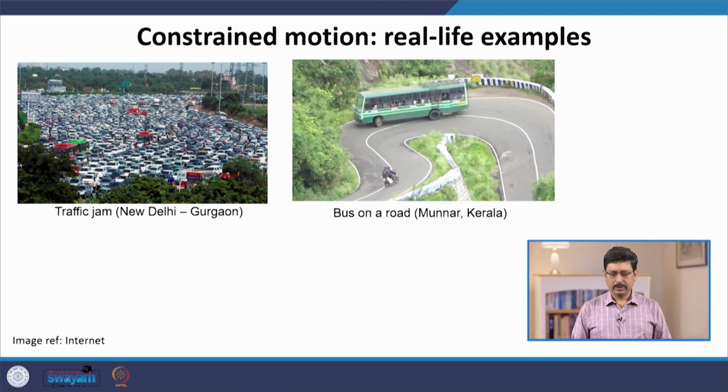On the right hand side, I show another example of a bus turning at a bend. In this case, what is the constraint? We may not think about it always, but it is obvious that the bus can move only along the road surface, which means it is not allowed to jump in the vertical direction.